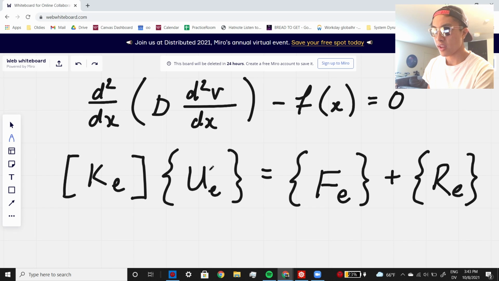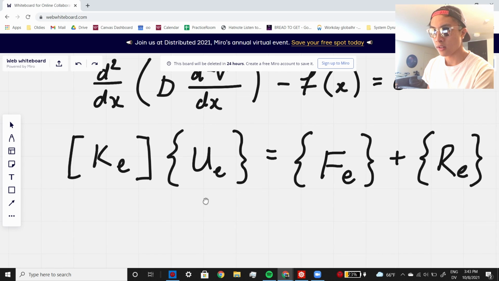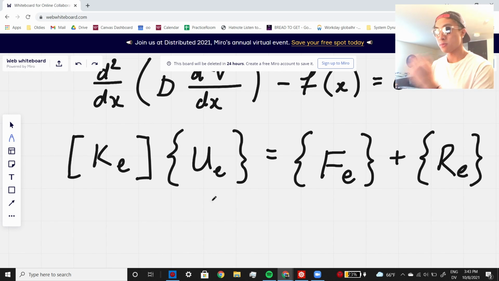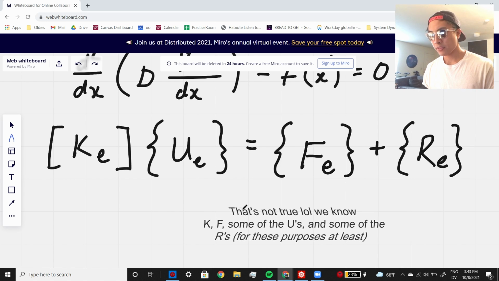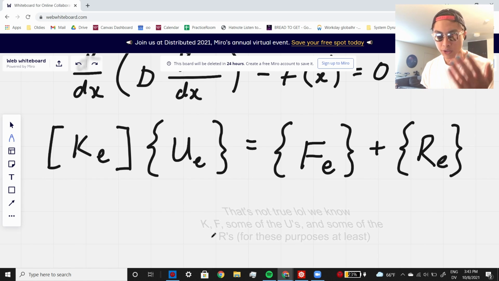There is a point where that change from V to U makes sense, but that's all you have to know. The U's are displacements. There's many U's. This is a vector. There's many U's inside of here. And KE, FE, RE, those are things we know, and those are things we just plug in. And after that, we're able to solve for UE.